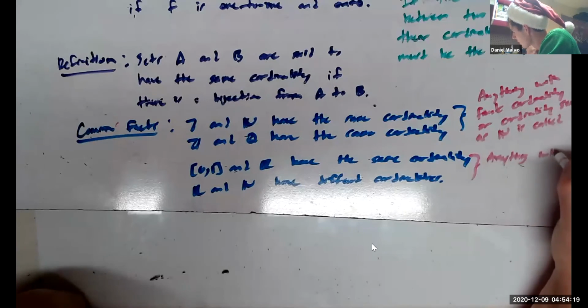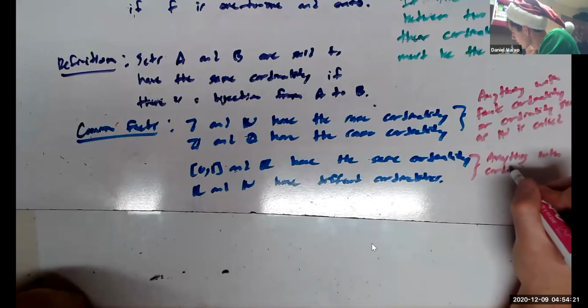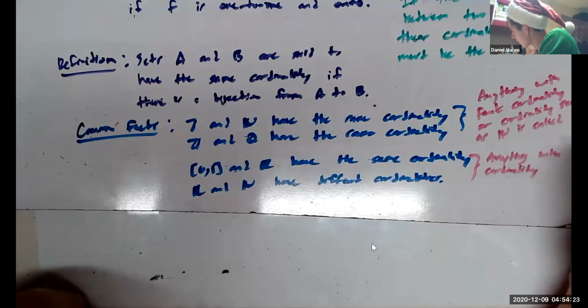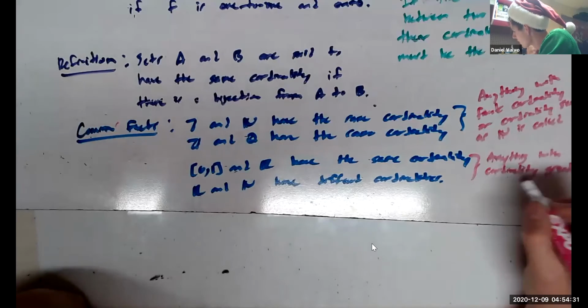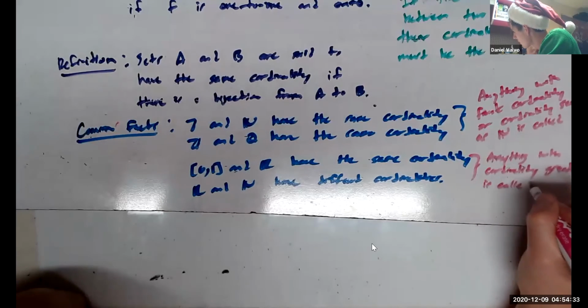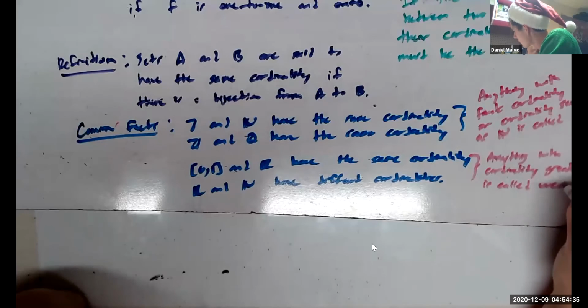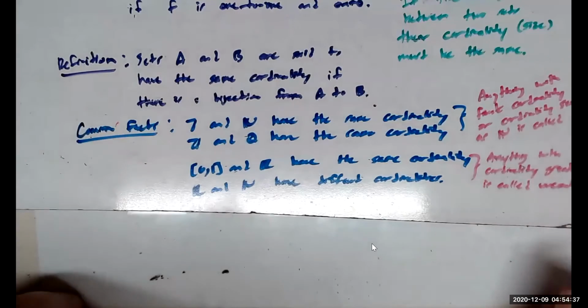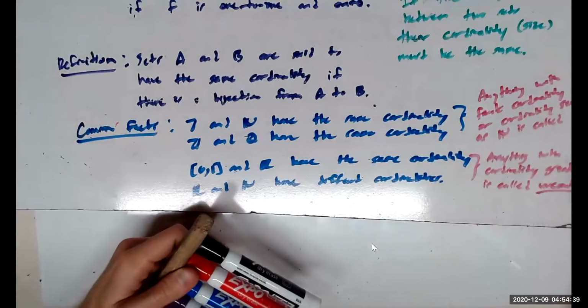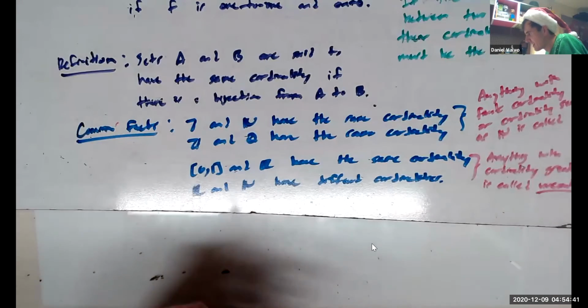Anything with cardinality greater is called uncountable. And then we're done.